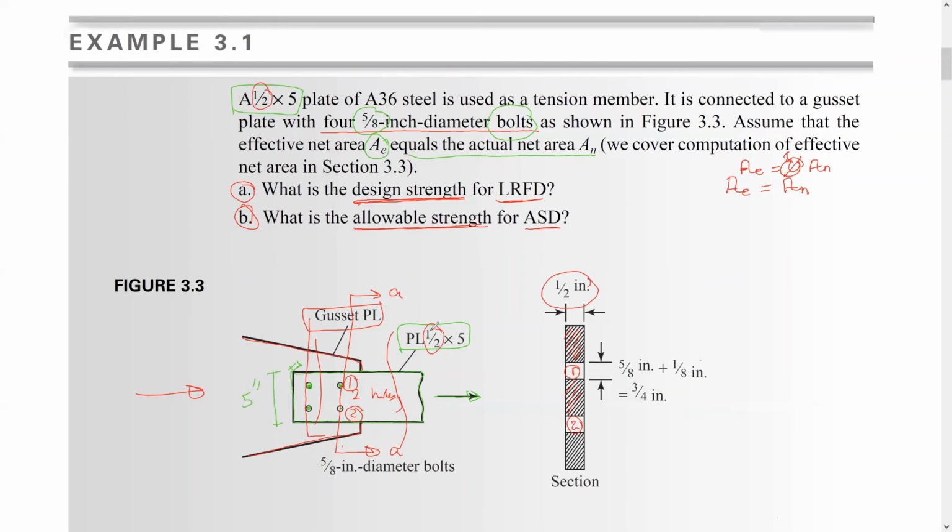Right now, the diameter for the bolt was 5/8.